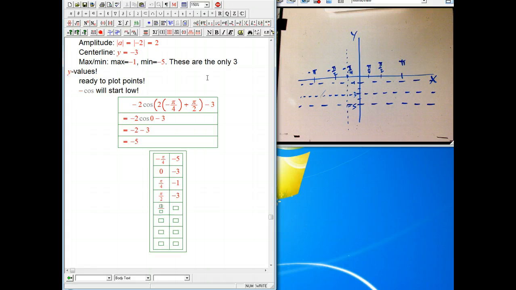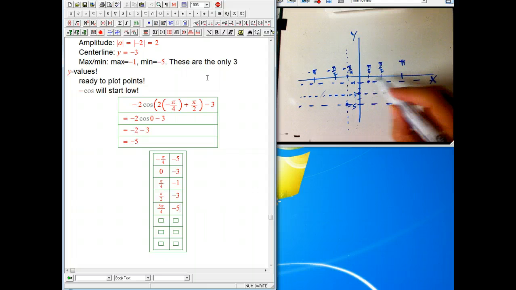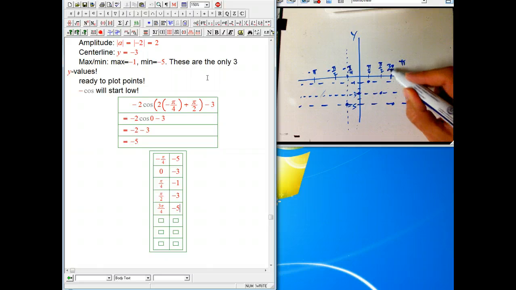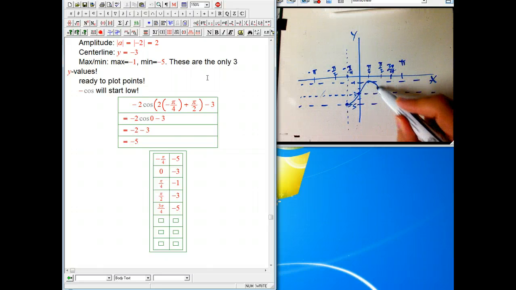And let's see, 3 pi over 4. And then that's back to the bottom. Okay, so we can start plotting that. That's one period. And so it starts low, middle, high, middle, low, and that's 3 pi over 4, by the way. Okay, and so I can just smoothly put in the graph there.